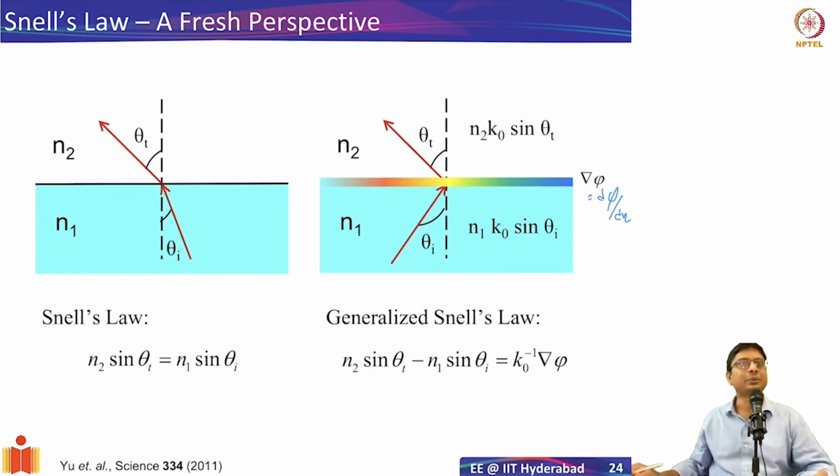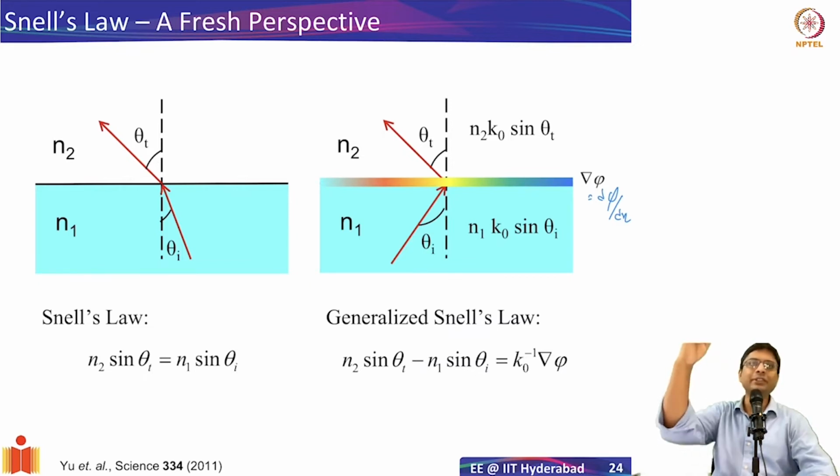So what will happen if I do that? Well, this is like a momentum. There is a discontinuity in the phase at the interface. So we can write the same momentum conservation relation. We have the momentum in the first medium, in the second medium, and then at the interface, the discontinuity. It's essentially the boundary condition. Just like when you have two electric fields in two media, E2 minus E1 should be equal to sigma by epsilon, right?